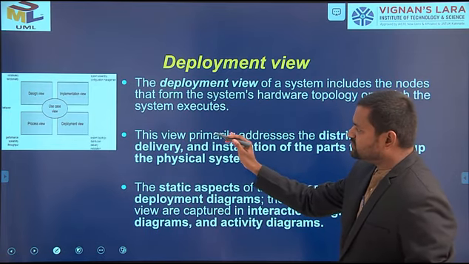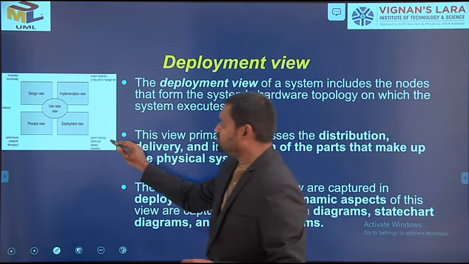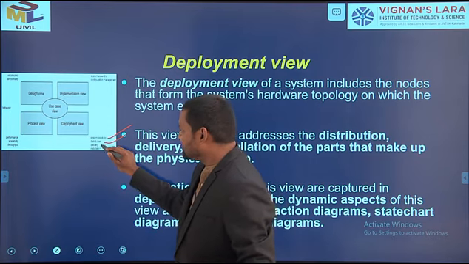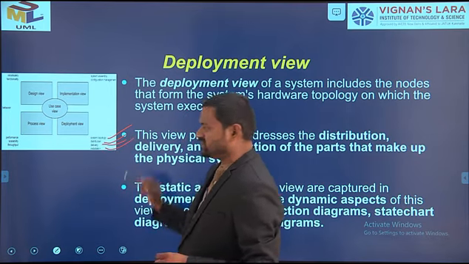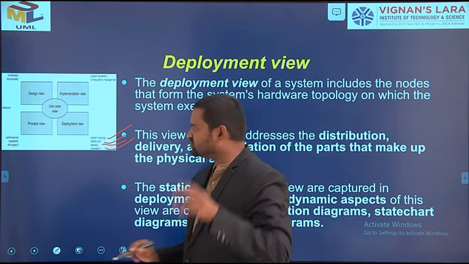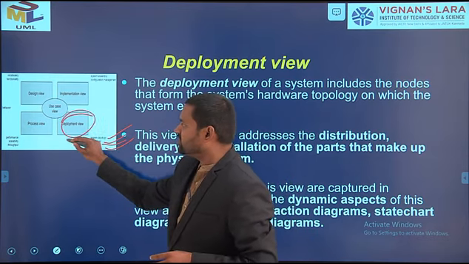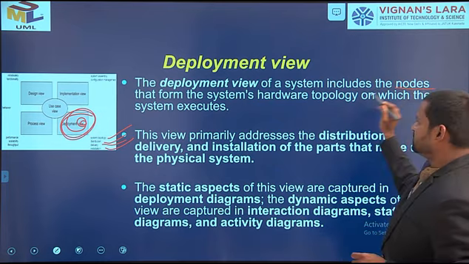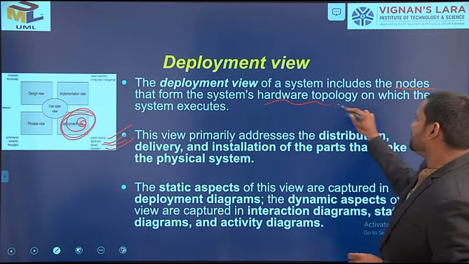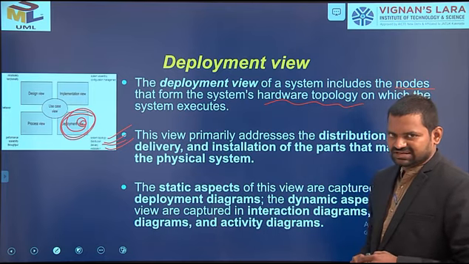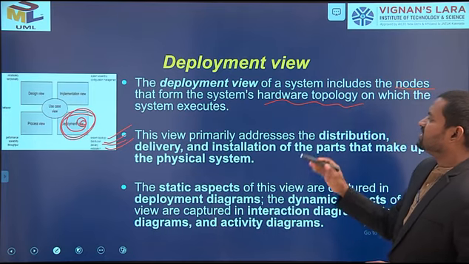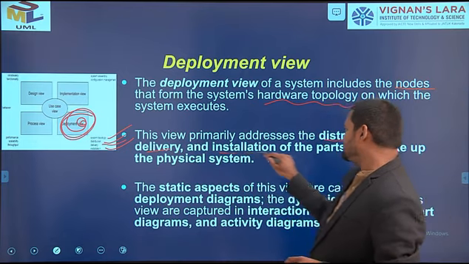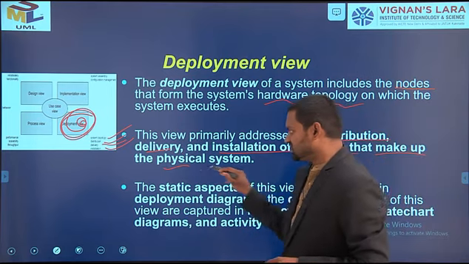The deployment view focuses on the distribution, delivery and installation of the parts that make up the physical system.